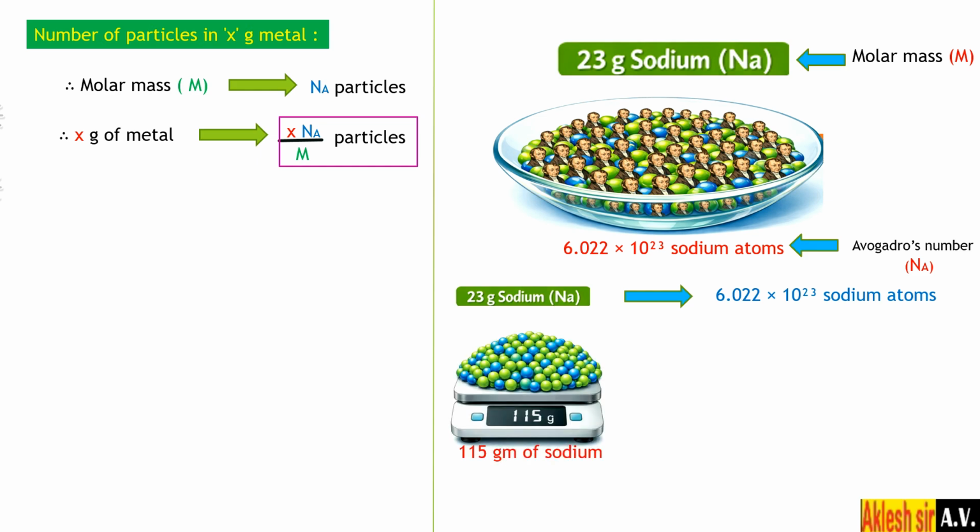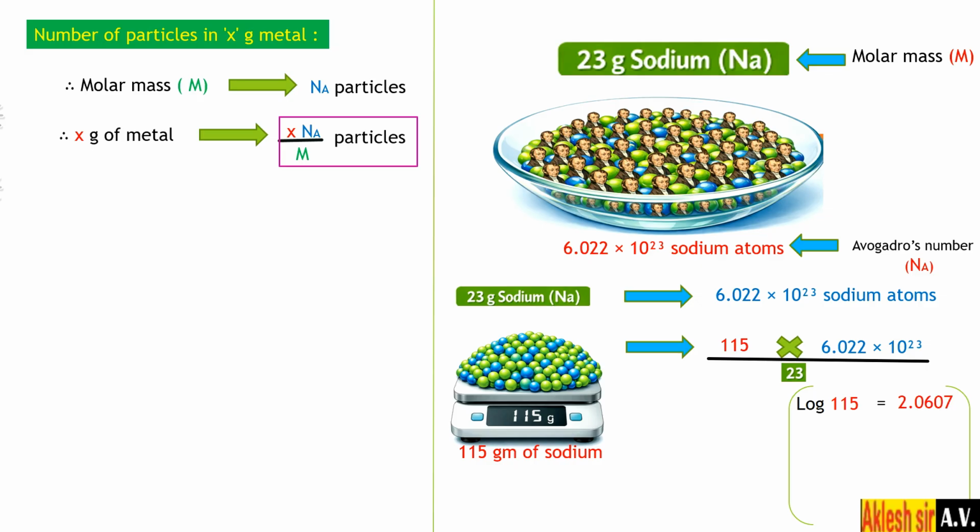Here is an example. Now, if we take 115 grams of sodium, then number of atoms present in 115 grams is equal to 115 multiplied by 6.022 into 10 to the power 23 divided by 23. On solving by logarithm we get log 115 is 2.0607 plus log 6.022 is 0.7797.